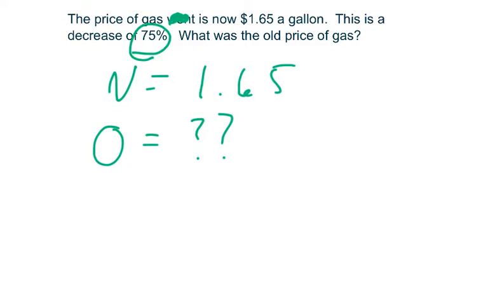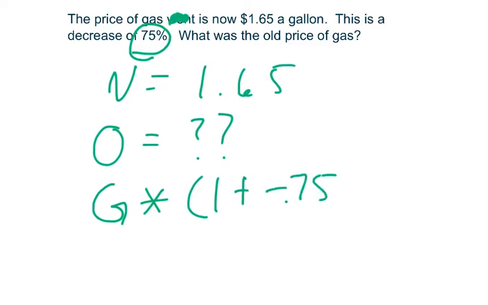So once again, we'll call G for the original amount times 1 plus, in this case, a negative 75%. So why is it a negative 75%? Because the price is going down. And the new amount is $1.65.